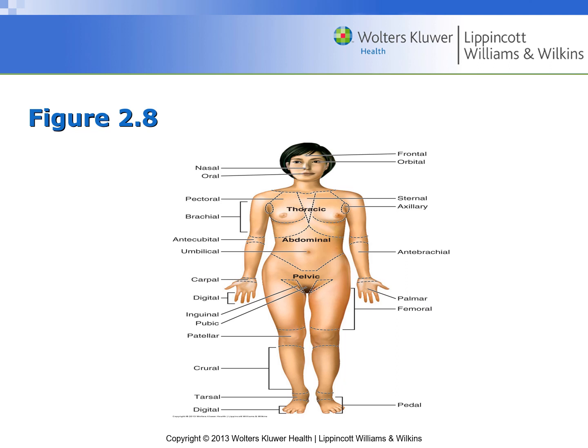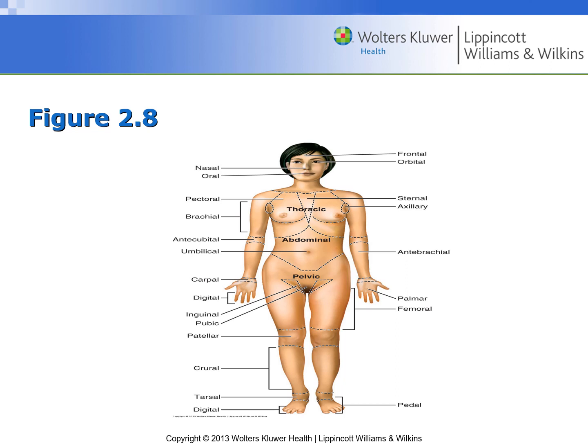We see the pectoral region, the brachial region. We see the antecubital region, the umbilical region, the carpal region, the digital region, the inguinal and pubic regions, the patella, the crural, the tarsal, and the digital region.